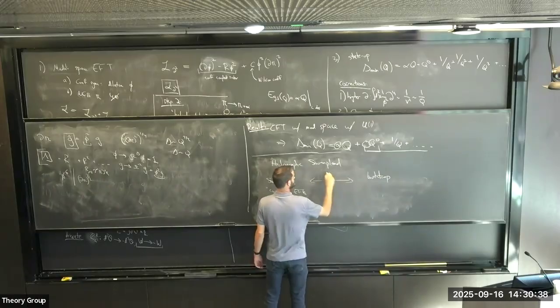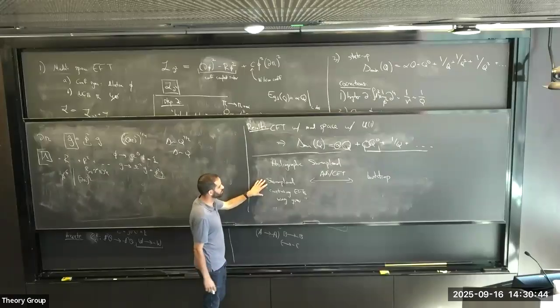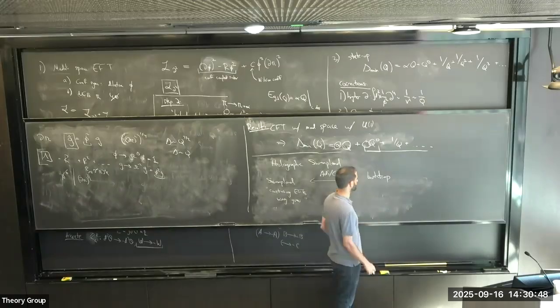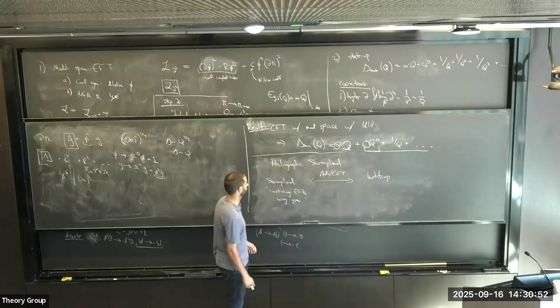And the way to connect these is using AdS/CFT. By taking these constraints that people find in the swampland program, putting them on AdS and mapping them using holography to the boundary, you get some constraint which should in principle apply to CFTs.